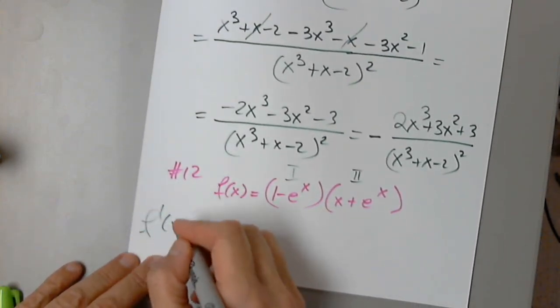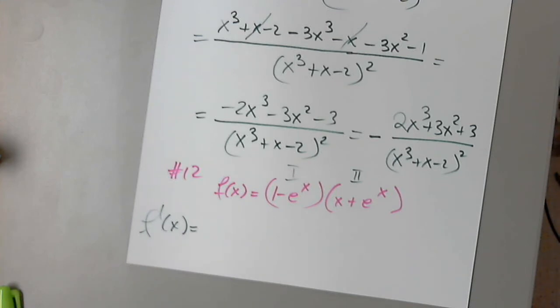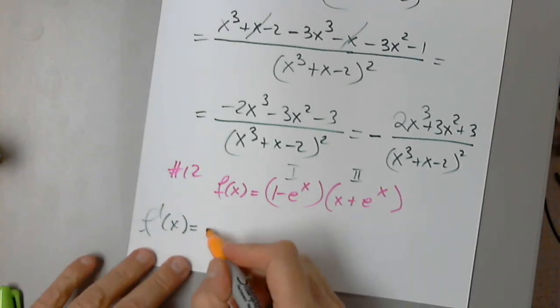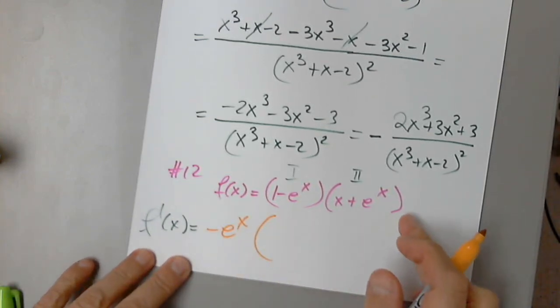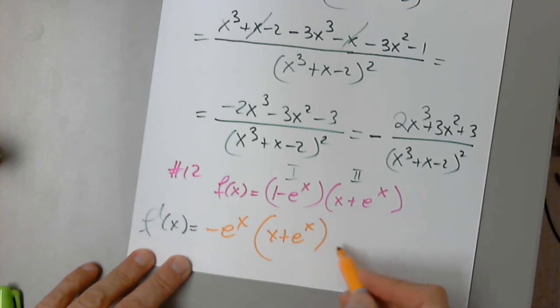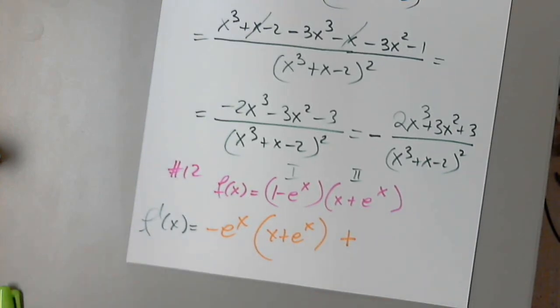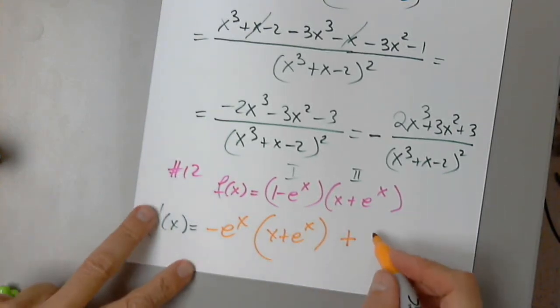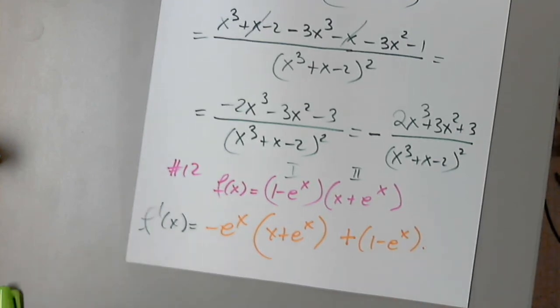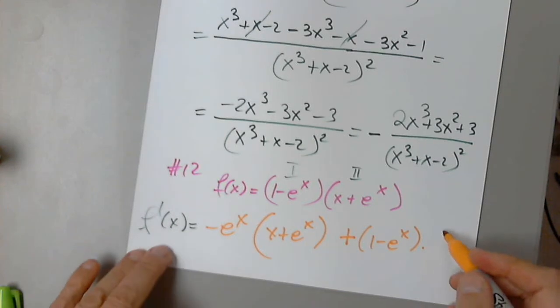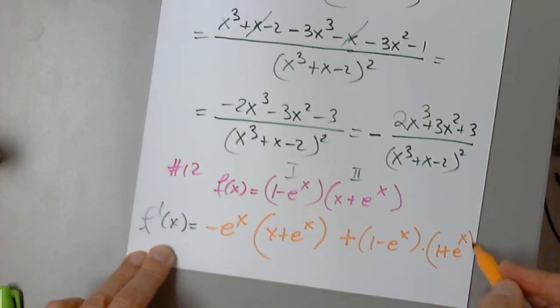So then f prime of x will be function 1 prime. We will have to write negative e to the x. And we copy the second function, x plus e to the x, plus. We copy the first function, 1 minus e to the x, but we have to differentiate the second function, 1 plus e to the x.